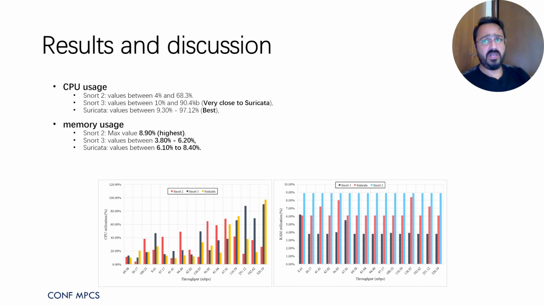So if you have a lot of signatures, you will use more and more RAM. Snort 3 was better in utilizing RAM compared with Suricata, which was using 6.10 to 8.40%, depending on the rules that it was utilizing.